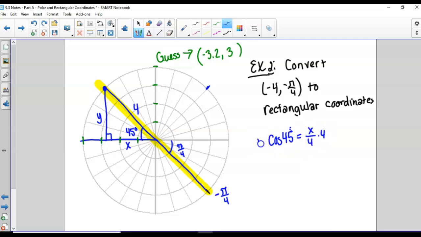So we'll just multiply both sides by 4. So x is going to equal 4 cosine of 45, and that's 2.828.